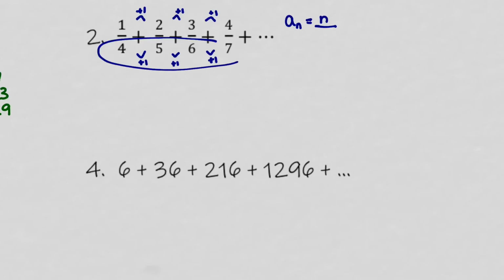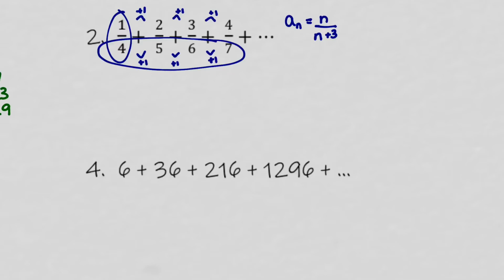So if I'm just using these as my terms to find the denominator, well, it's adding 1, so it's 1n. Well, 1n is the same thing as saying n, except in this first term, n is 1, but I want 4, so I need to add 3 to it.